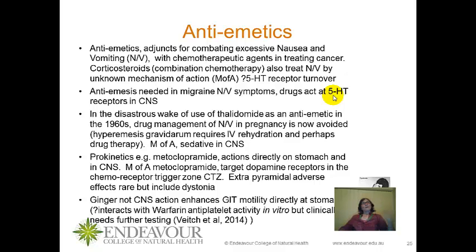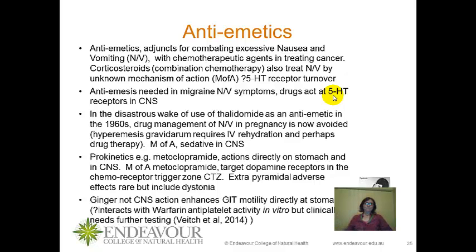So prophylactically, 5-hydroxytryptamine antagonists were used to block the vasoconstriction in the early stages of the migraine, but once an acute migraine has already started, then you try and block the vasodilatory actions of the vessels by giving a vasoconstrictive. So you give a 5-hydroxytryptamine agonist.